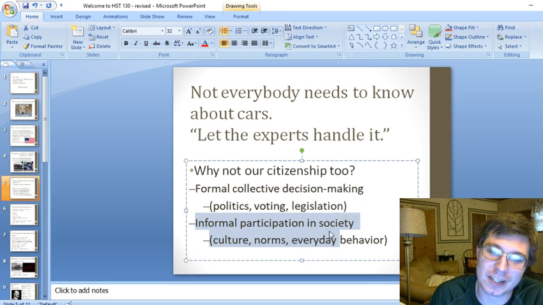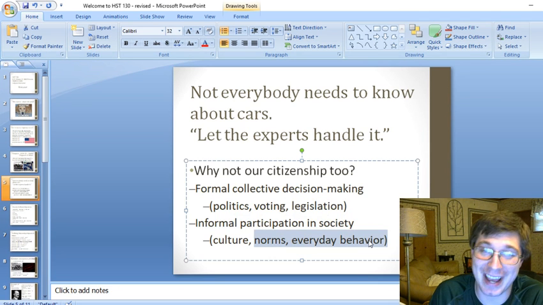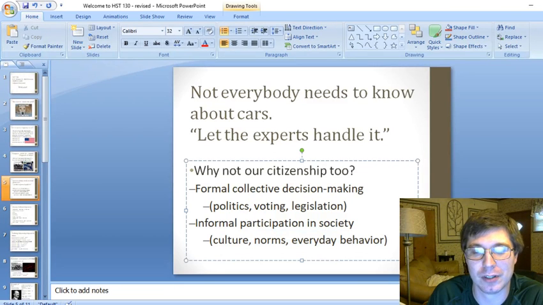But certain things in our society are informal. They're not spelled out. They're subtle. I don't know how to explain it, but these cultural norms, these expectations about how we're supposed to behave on an everyday basis, are also aspects of our behavior as citizens.